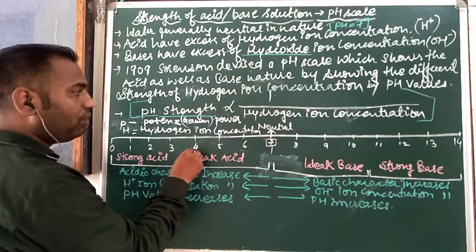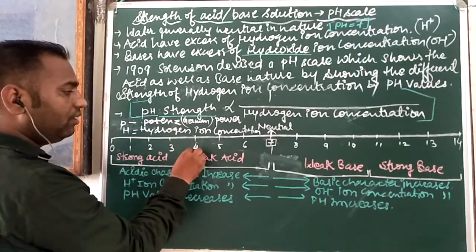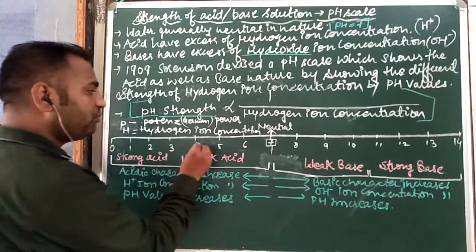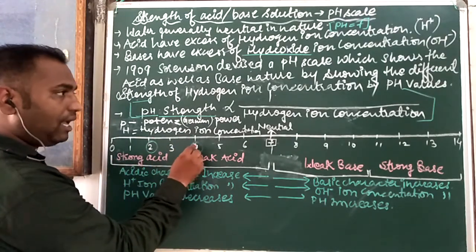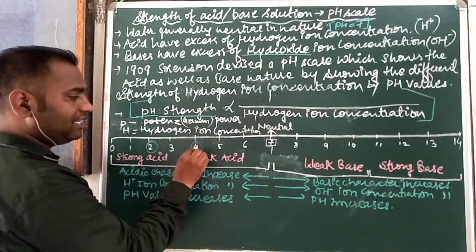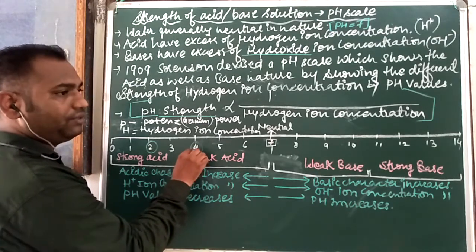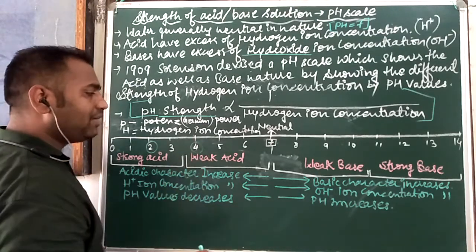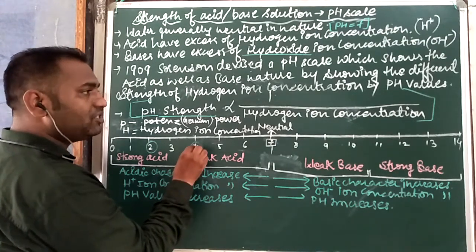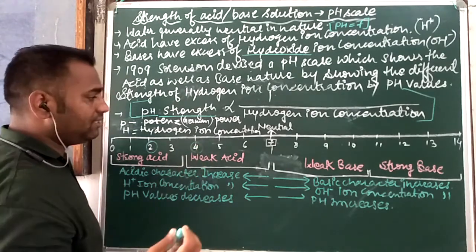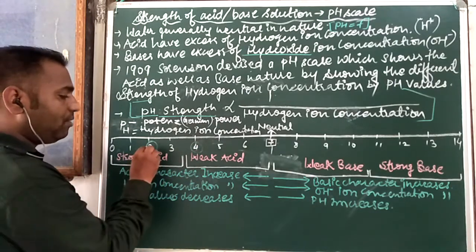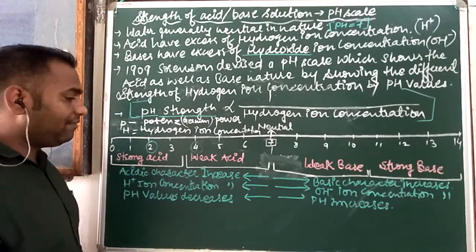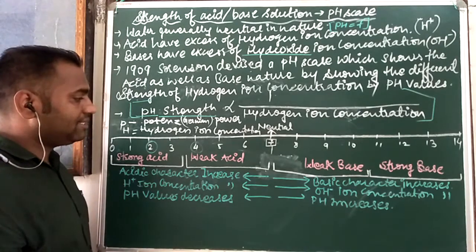It means if pH is 4, and we compare it with pH 2, here the hydrogen ions are weak in acid. It means a partial dissociation of the hydrogen ion, and sometimes we can say this is a weak acid. It means there is a lesser amount of hydrogen ion concentration here. But when we talk about pH 2, it has more hydrogen ion concentration.